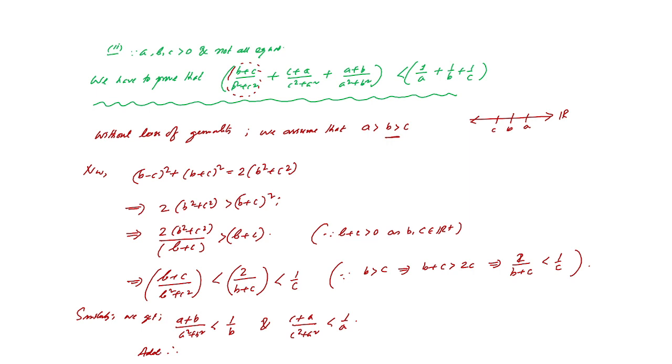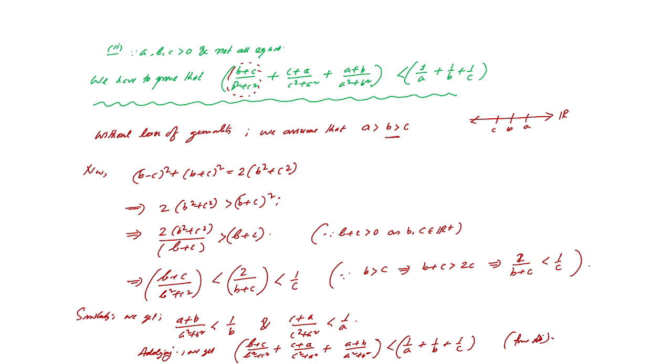So adding the above inequalities, we get (B plus C) by (B square plus C square), (C plus A) by (C square plus A square), and (A plus B) by (A square plus B square). So this value is obviously less than 1 by A plus 1 by B plus 1 by C. Again our proof is done.